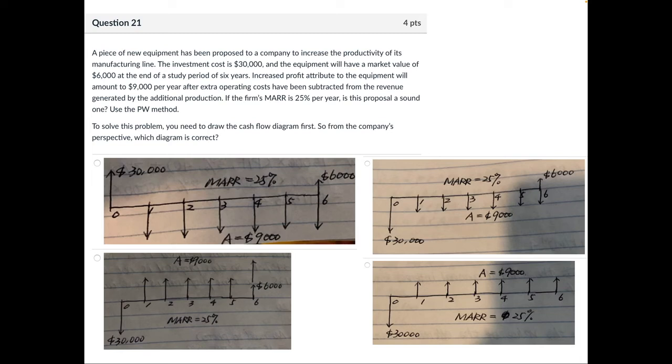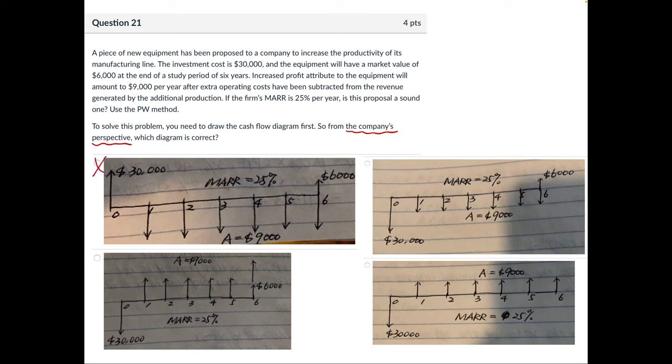So first thing you need to draw the diagram, and we have 4 options. We said the point of view you're going to use is the company's perspective. The company needs to spend 30,000 at the beginning, so the 30,000 is going to be the arrow going downward.